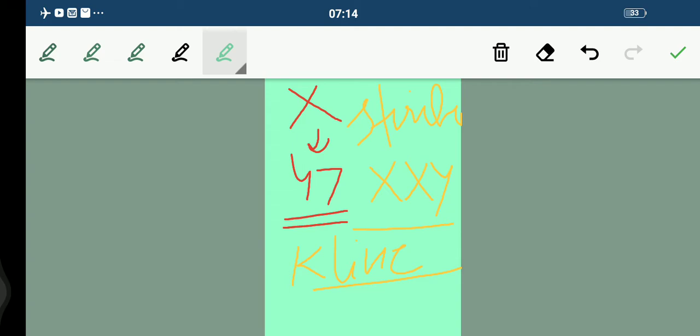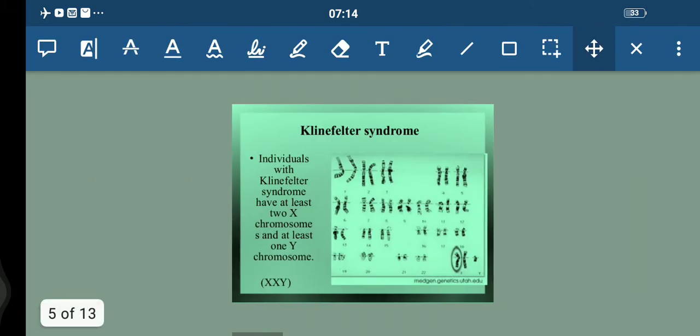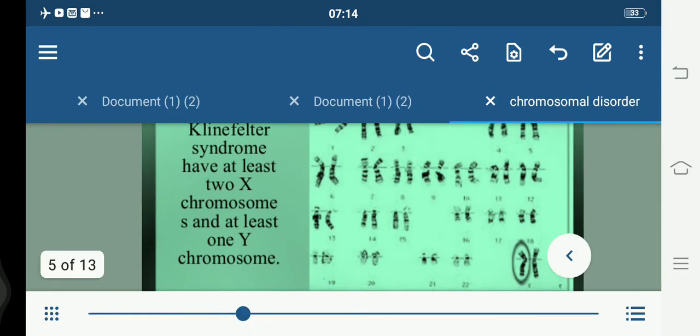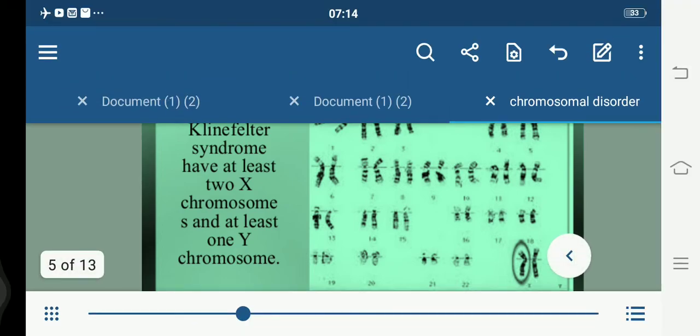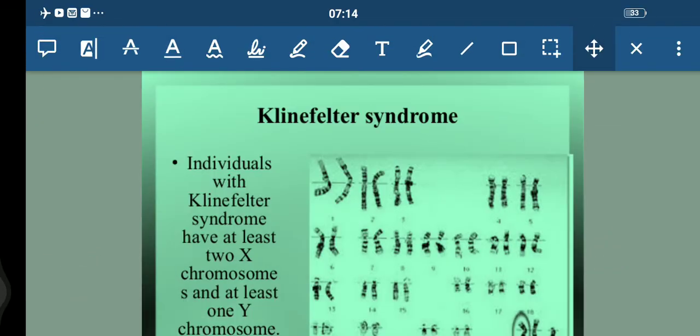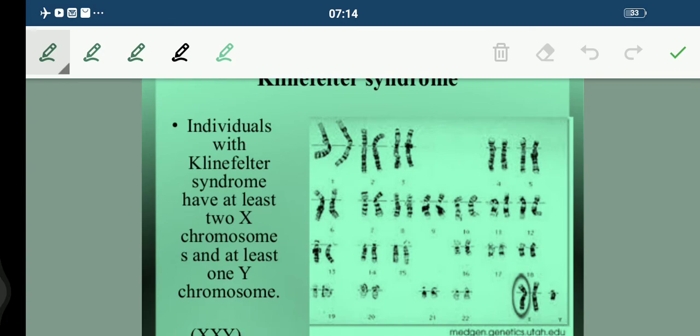Individuals with Klinefelter's syndrome have at least two X chromosomes and at least one Y chromosome. That is why the situation is represented as an X, X and Y condition.